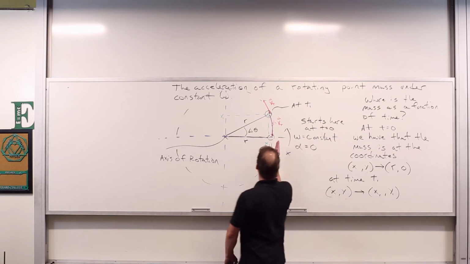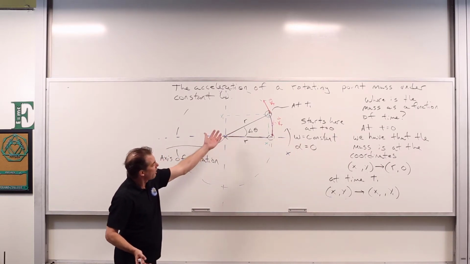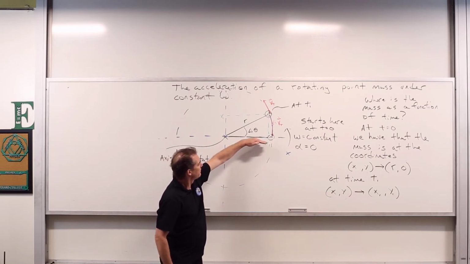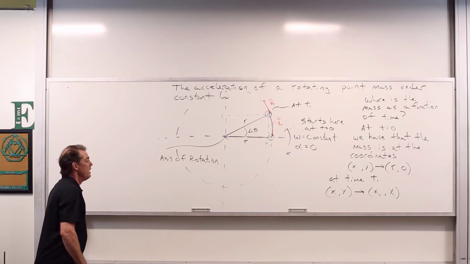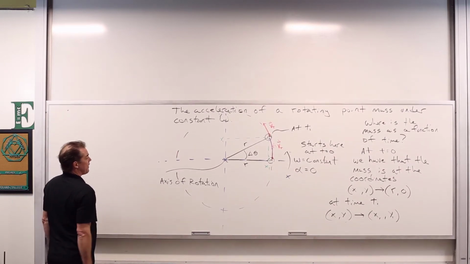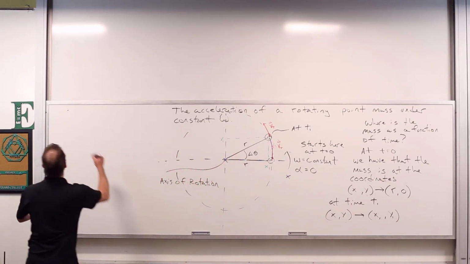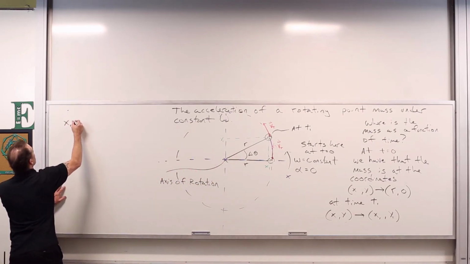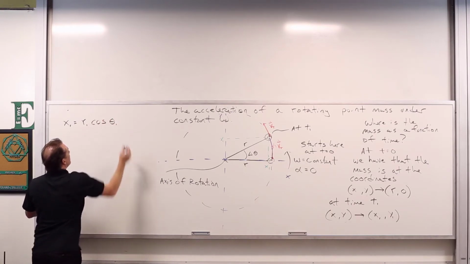It's going to be r times the cosine of theta, based upon this being theta equal to 0. So we have that x1 can be r1 times the cosine theta 1.